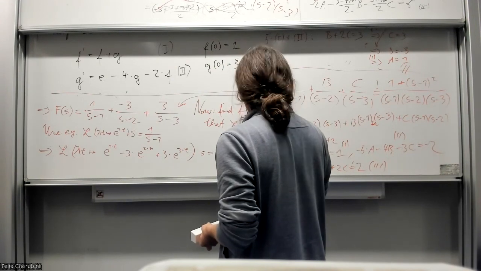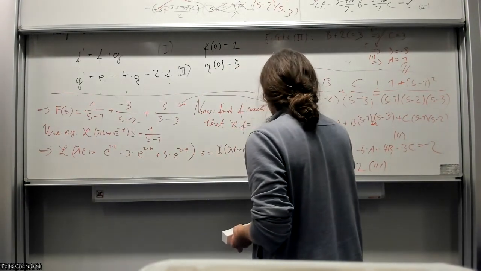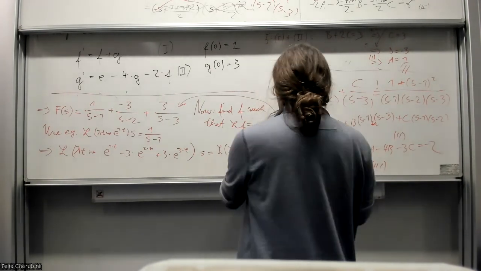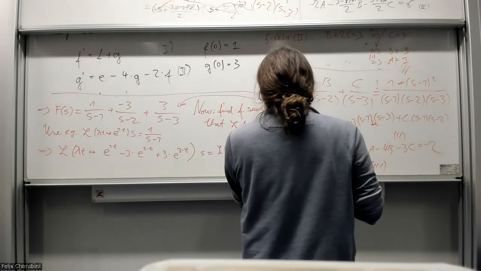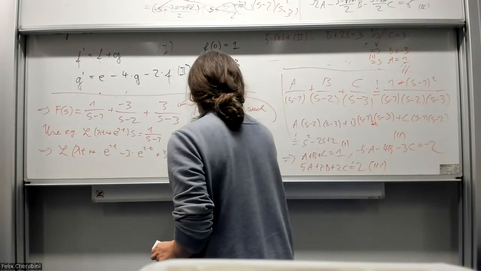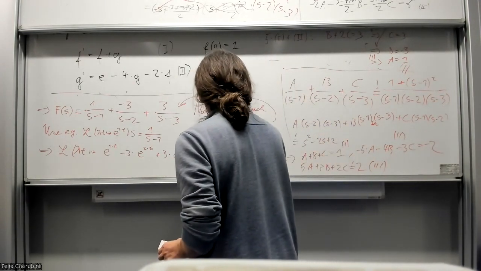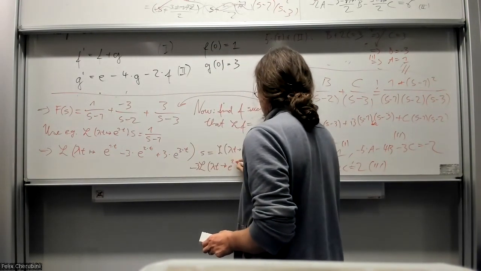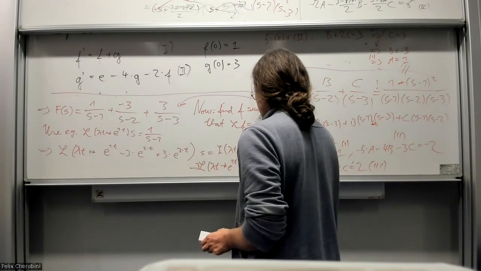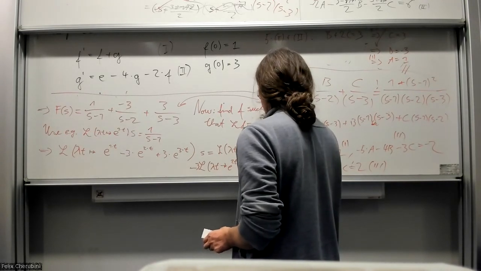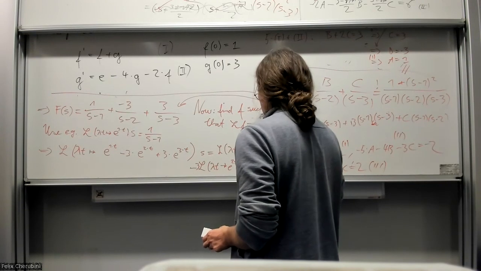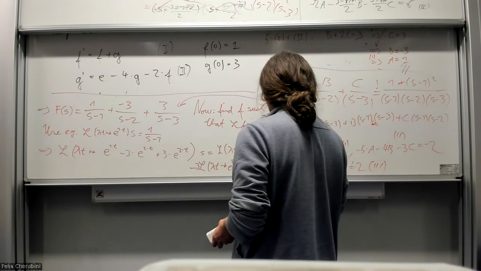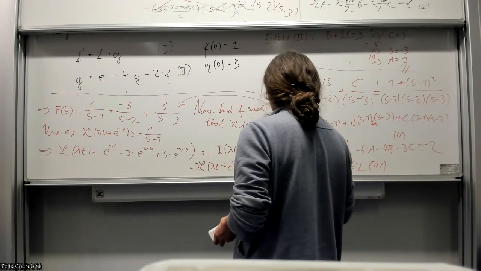So I can use linearity to rewrite it, so let's continue here: 3 times the Laplace transform of t maps to e to the 2 times t at s plus 3 times the Laplace transform of t maps to e to 3 times t at s.